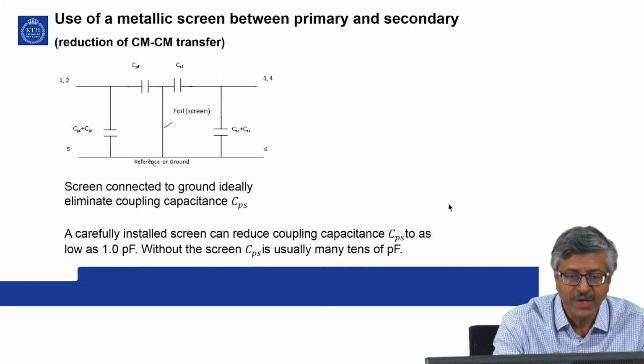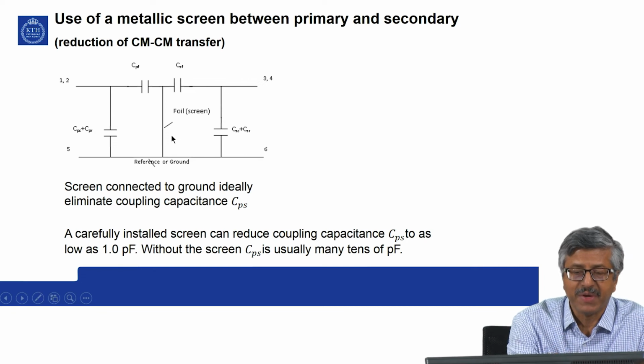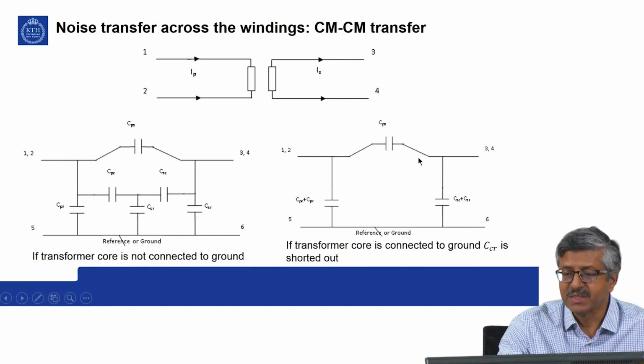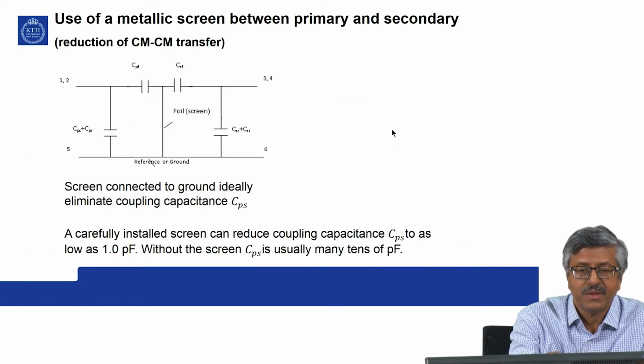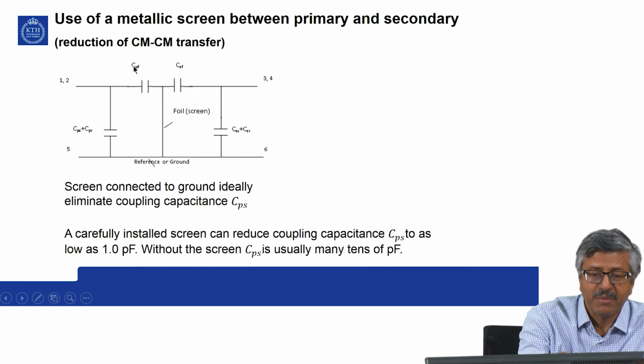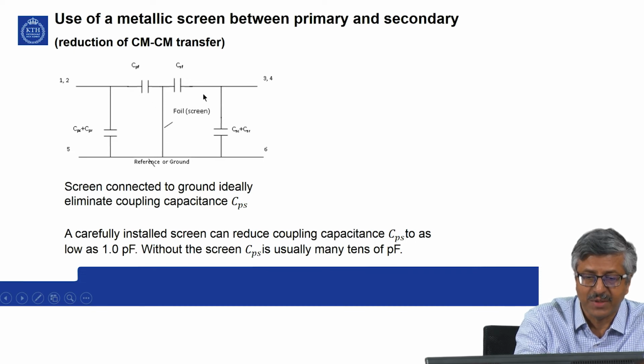If a foil is used between the primary and secondary, then you can take this capacitance between primary and secondary and break it into two halves. One part is primary to foil and the other part is secondary to foil. So, these are connected together.